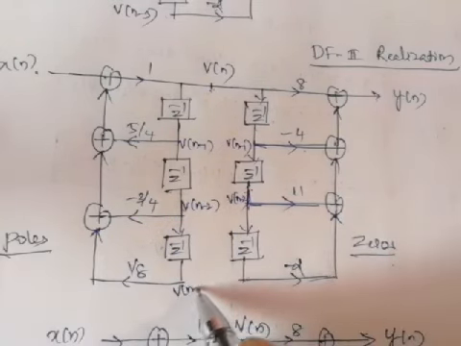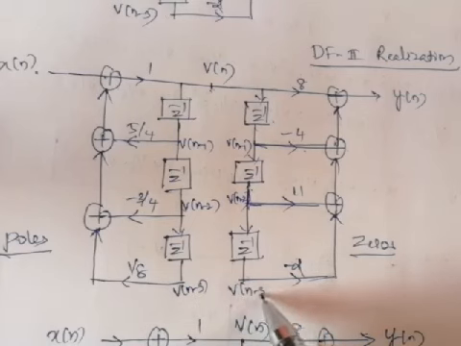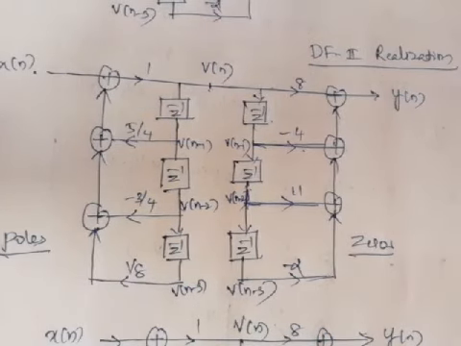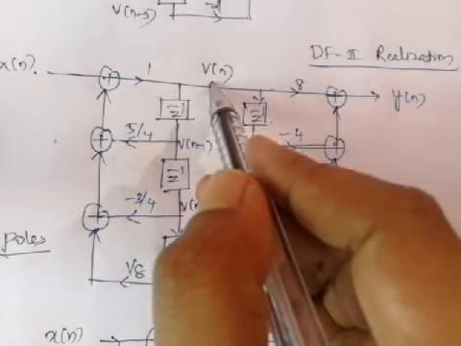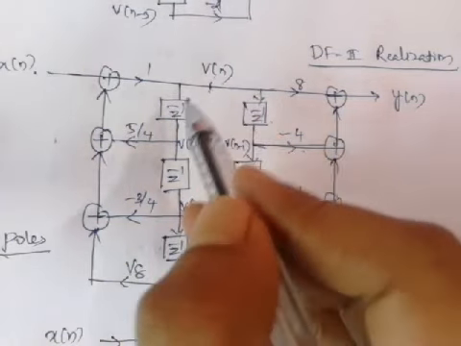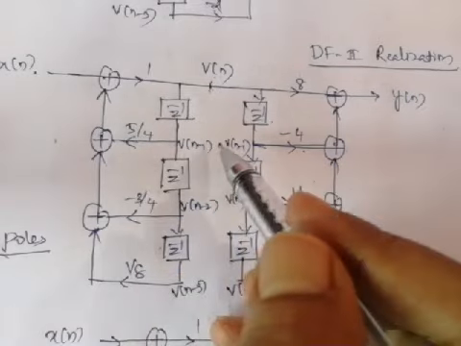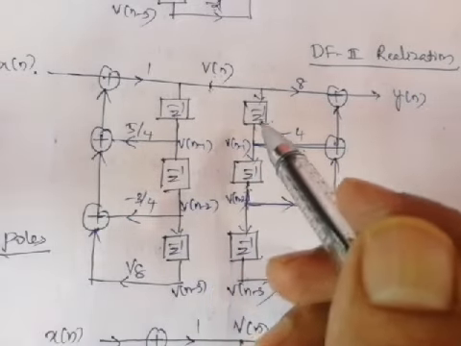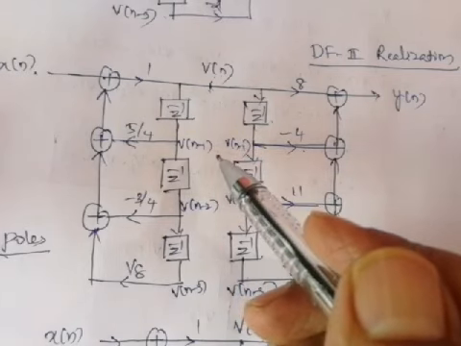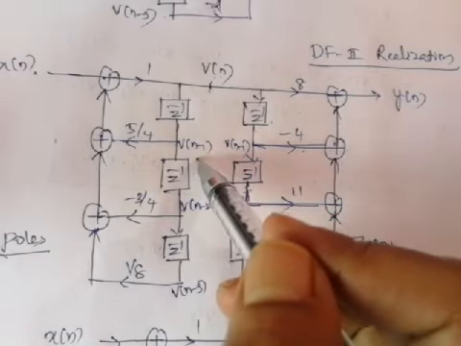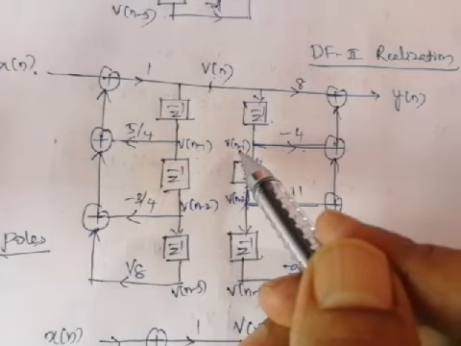Here v of n minus 3, here also v of n minus 3. So why should we perform this separately twice? Because the same term v of n, the intermediate result, is going through the same delay. The same result we are getting, so why should we perform the same operation separately twice?